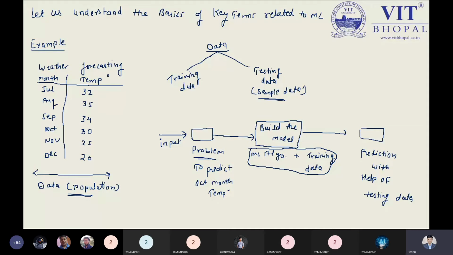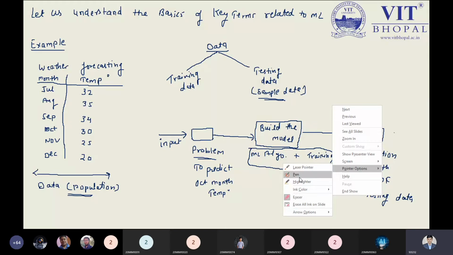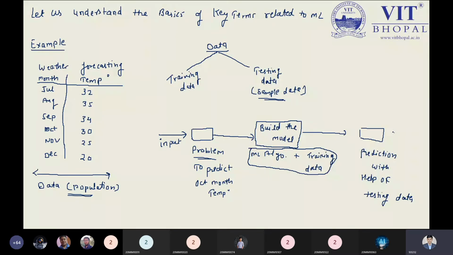Prediction is done with the help of testing data. Suppose I am getting the resulting temperature of 31 degrees.